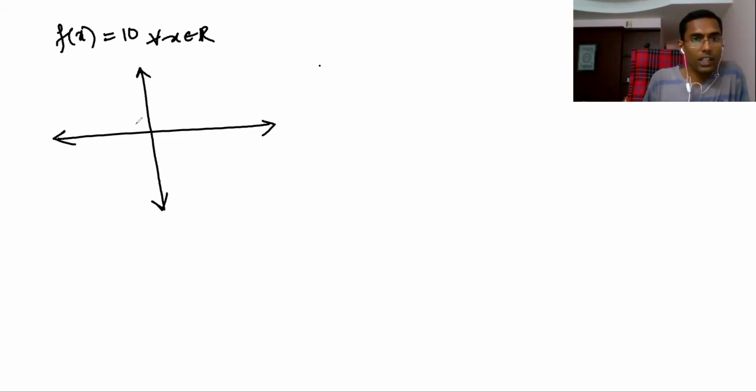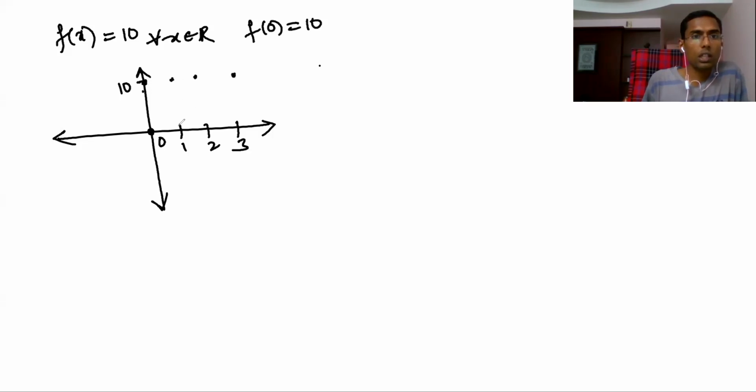f of x values we take on the y-axis, and on the x-axis 0, 1, 2, 3, some points. For 0, 10 may be here, I'm taking 10 on the y-axis here. So f of 0 is also 10, f of 1 also 10, f of 2 also 10, f of 3 also 10.